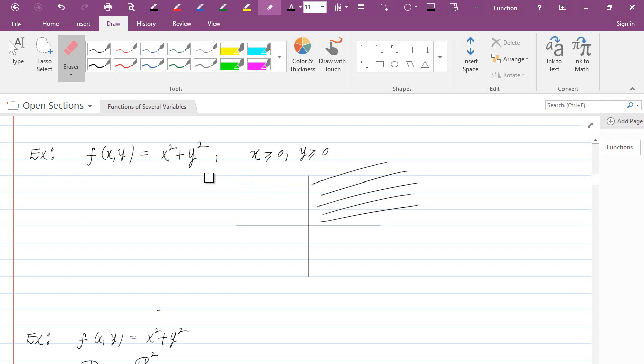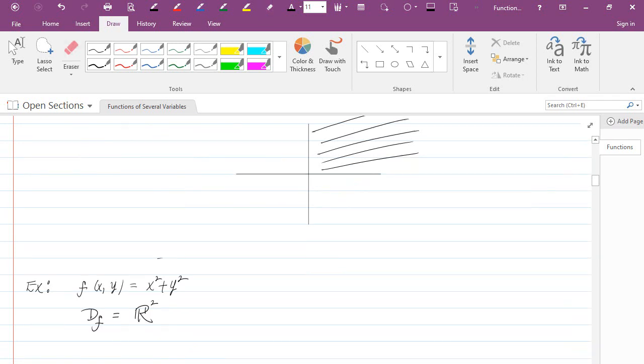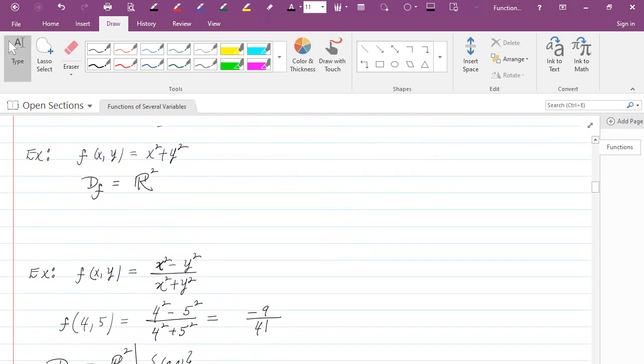Now, if this function is given without a specified domain, then we take the largest possible subset of the two space as the domain. So if you look at this function here, it's the same function as in the previous example, but the domain is not specified.